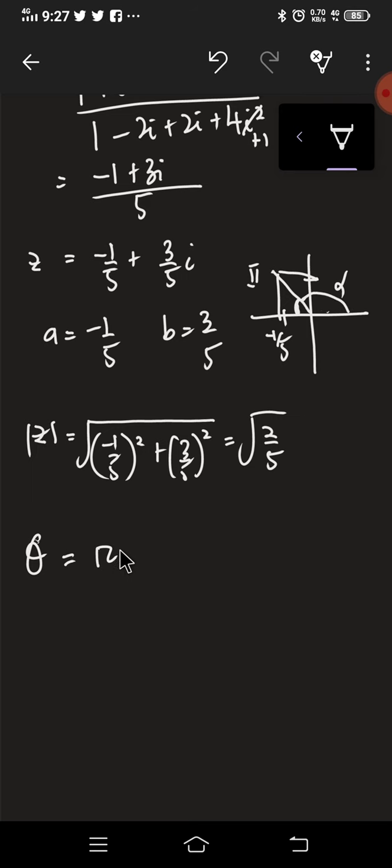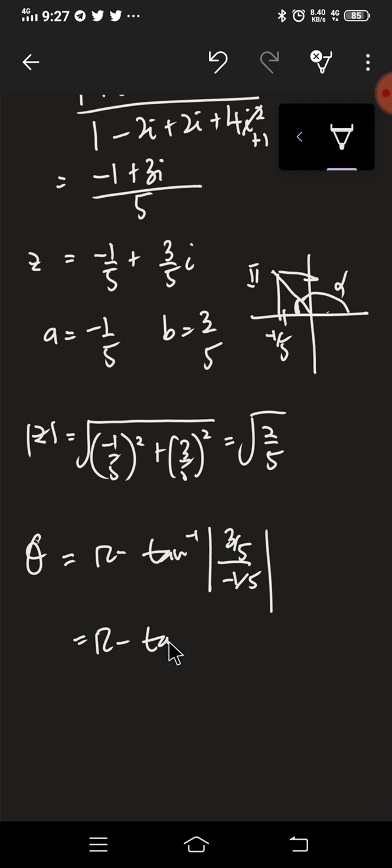So it will be pi minus arctangent of the modulus of b over a, which is 3 over 5 divided by negative 1 over 5. So what do we have here? Pi minus arctangent of 3. So we get 1.89 radians.